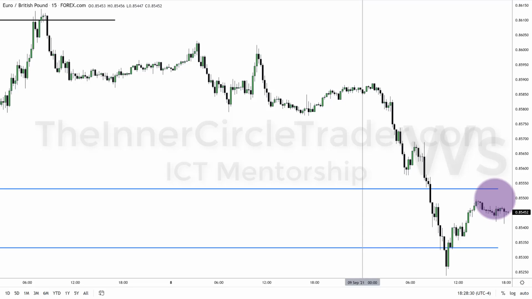Knowing what you're learning here, you only need to learn one thing here, one approach to engaging the marketplace. It could be the breaker. It could be a mitigation block. It could be the order block. It could be the fair value gap. It could be the optimal trade entry. It could be balanced price range. It could be the institutional order flow entry drill.